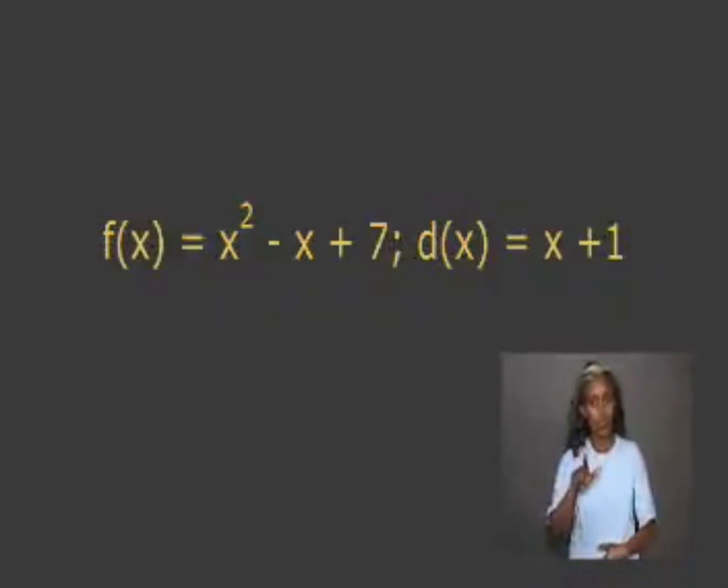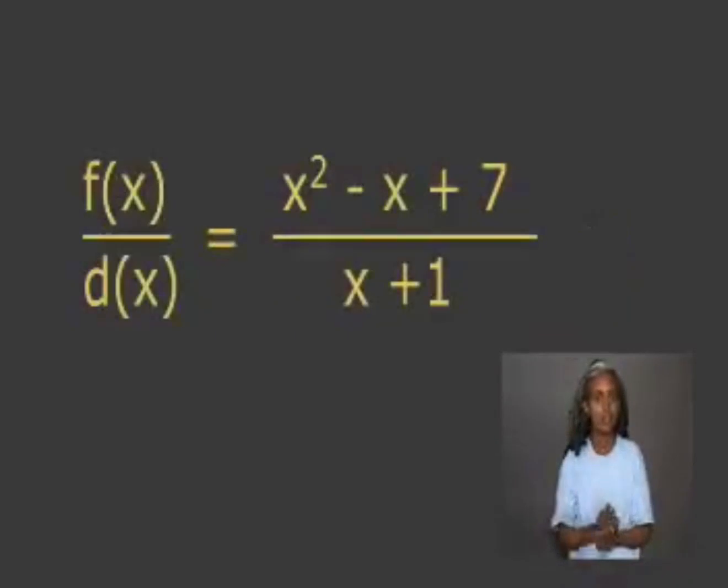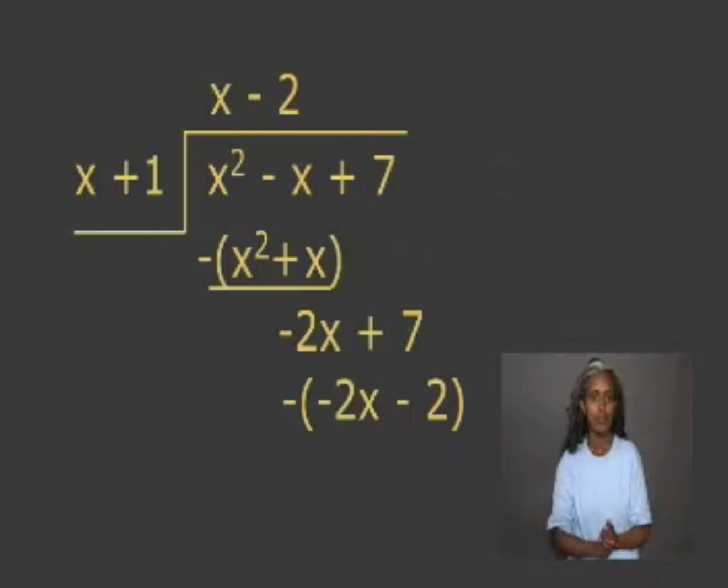Let us find the unique polynomial functions q of x and r of x. We must divide f of x into d of x. Therefore, let us divide x squared minus x plus 7 into x plus 1. We can use long division to factor the equation.